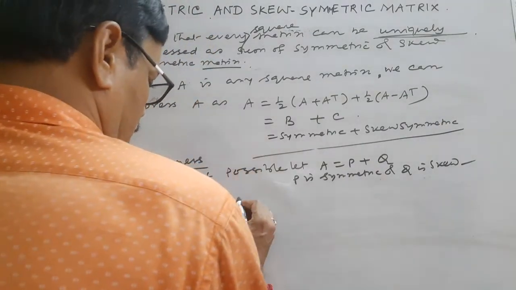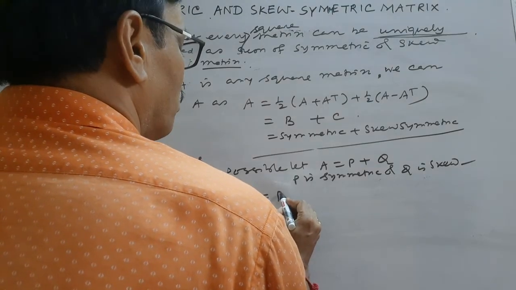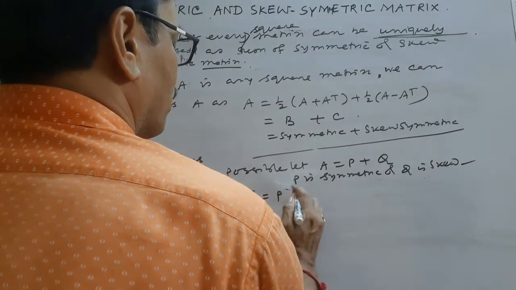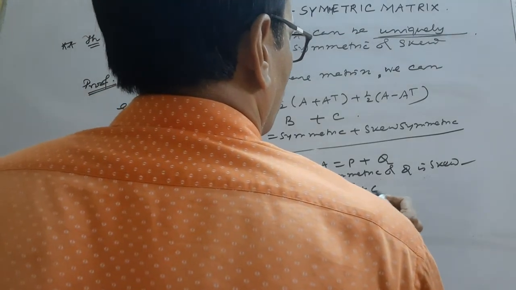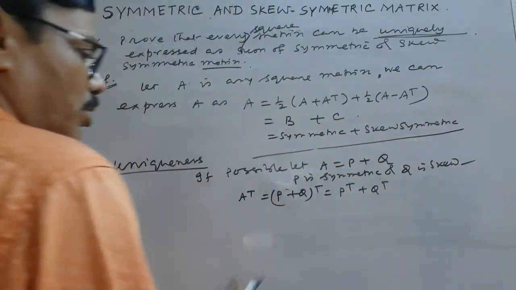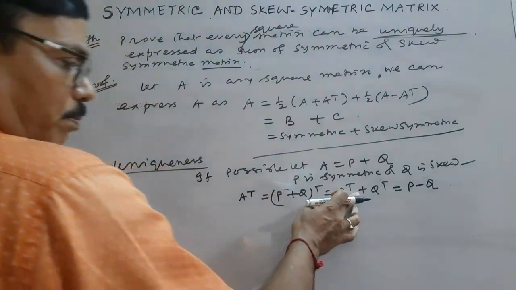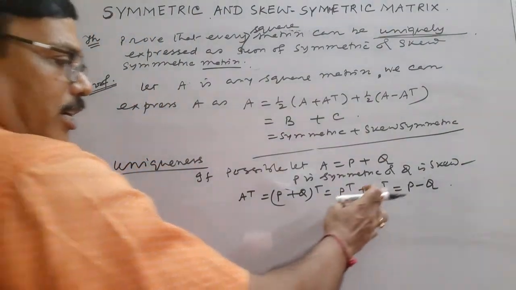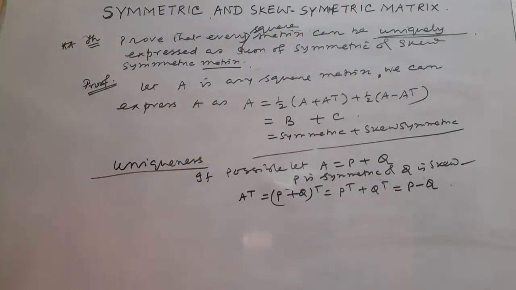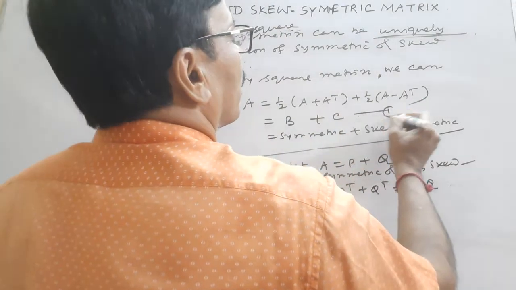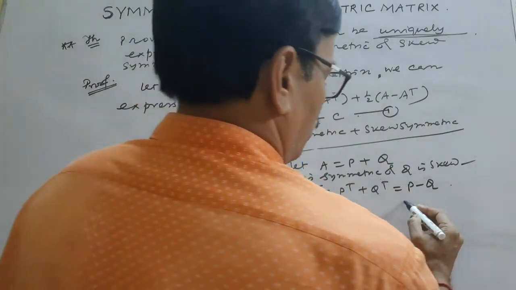So what is A transpose? A transpose equals P plus Q transpose, so P transpose plus Q transpose. So this is P minus Q, because P is symmetric, P transpose equals P, and Q is skew symmetric, Q transpose equals minus Q. So A equals P plus Q, and A transpose equals P minus Q.